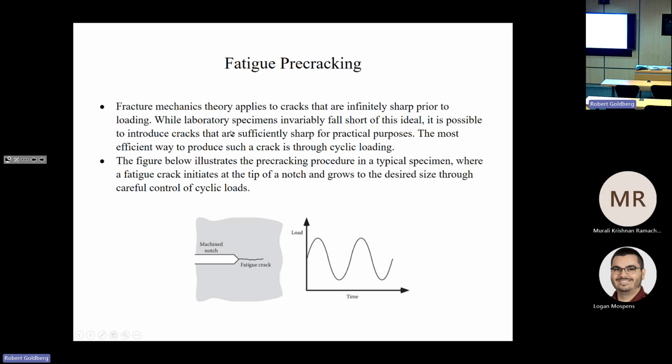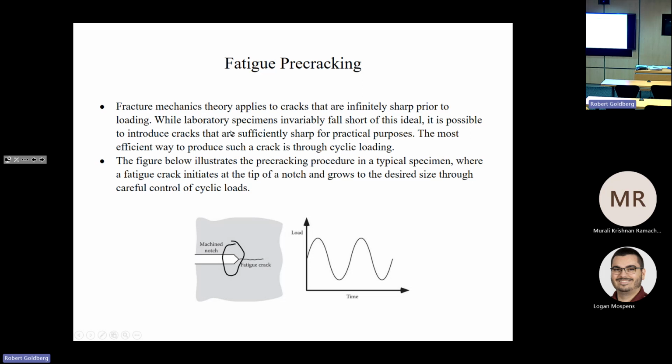And to really do a fracture test, remember we talked about one of the big things with fracture mechanics theory is that it applies to cracks that are infinitely sharp prior to loading. If you use a milling machine, obviously this is exaggerated a little bit for effect, you're going to get a big notch to start, which is not what fracture mechanics theory talks about. It talks about a sharp crack.